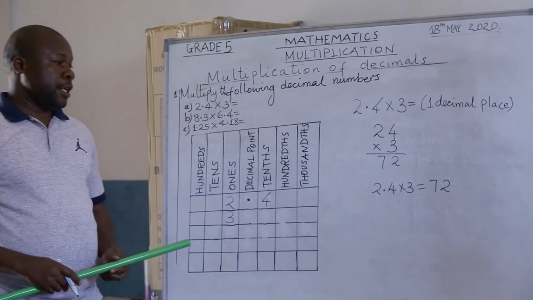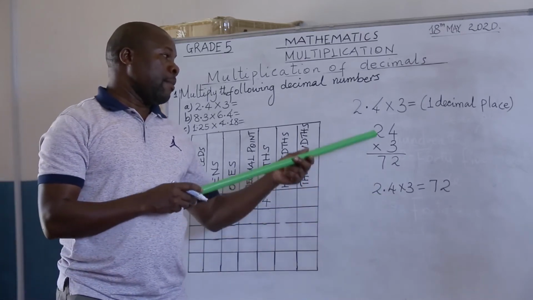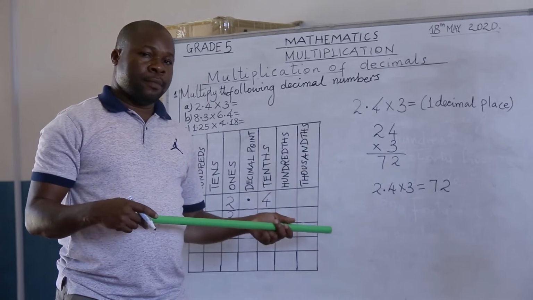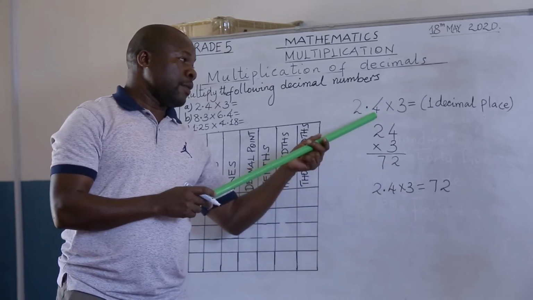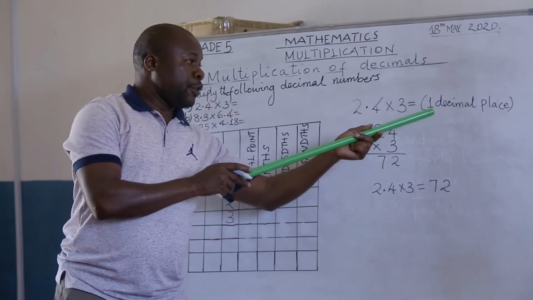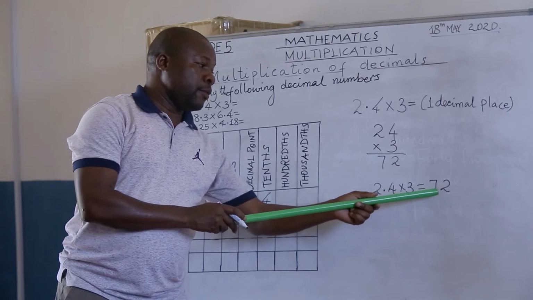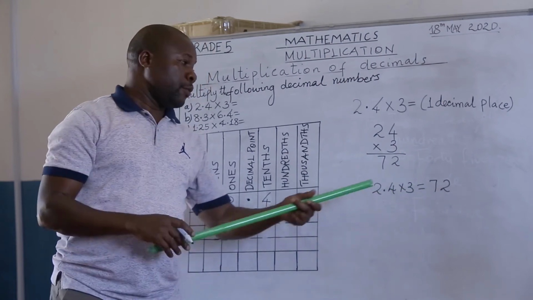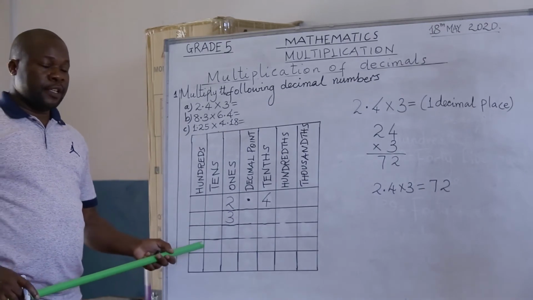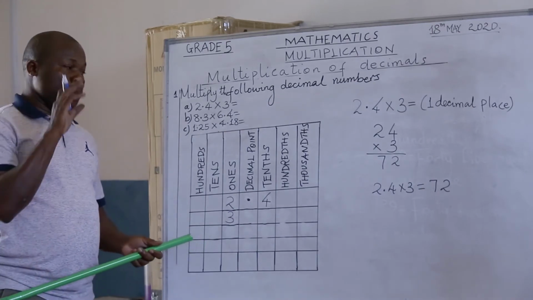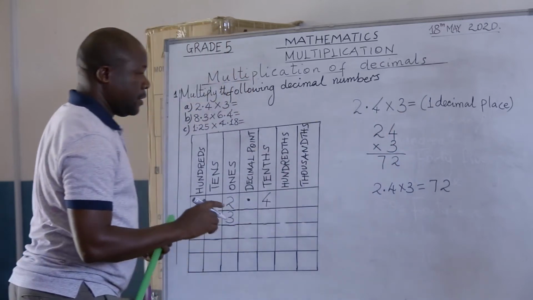Now, let us take into consideration that we were multiplying a number with a decimal point. How many decimal places was our question having? Our question had one decimal place only. So we are going to place one decimal point. Take your number and bring it back into the place value chart to only have one decimal place.